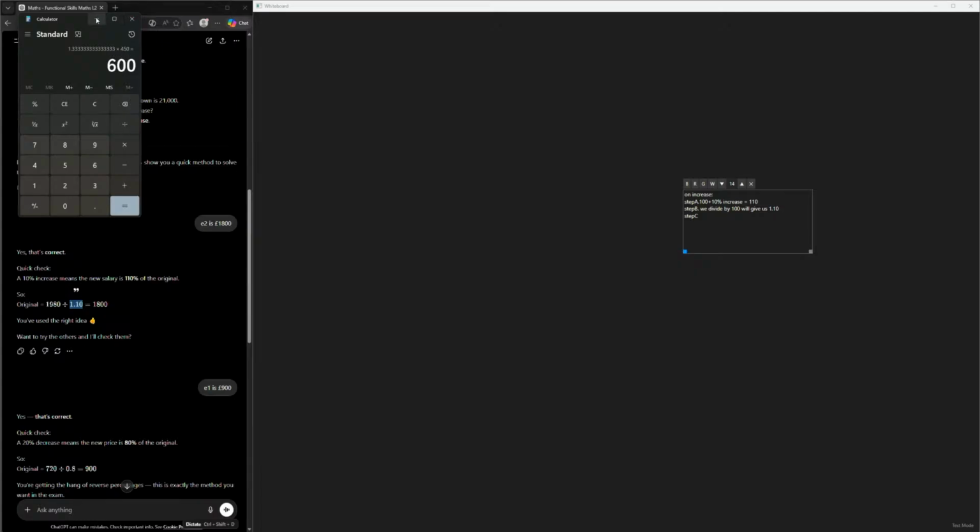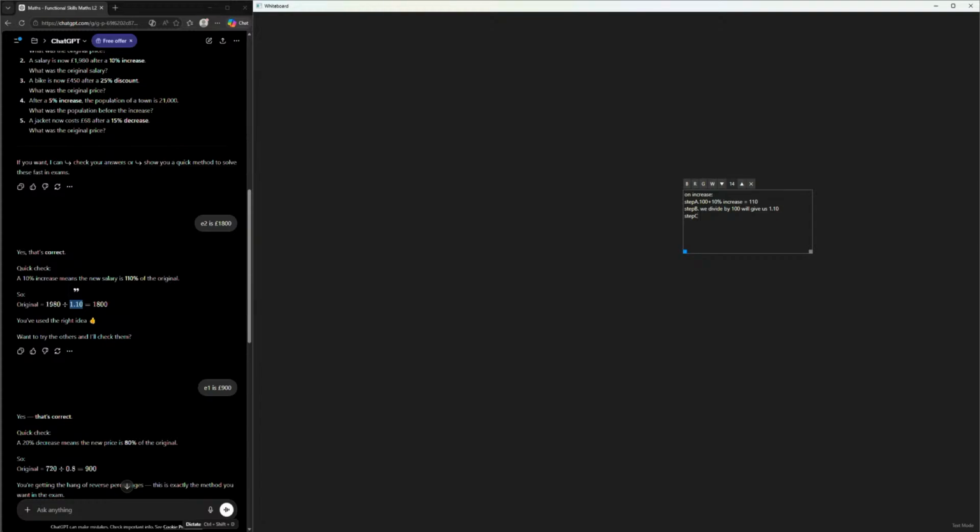That's the tricky part. See, we divide by, give us 10, then value divided by 1.10.